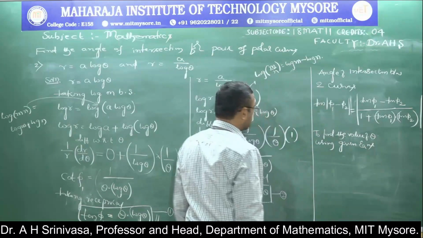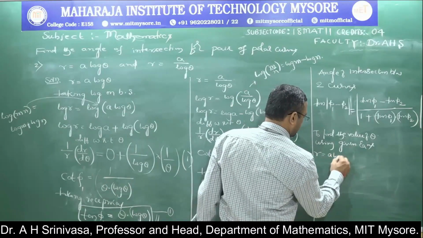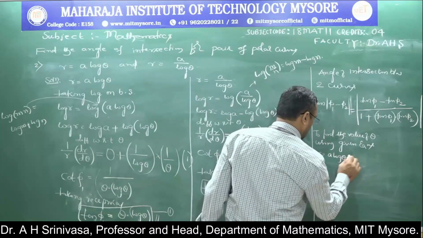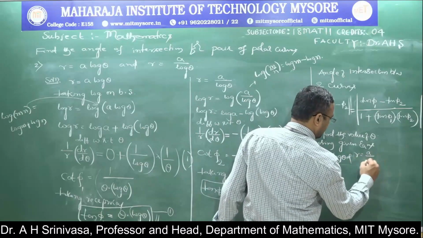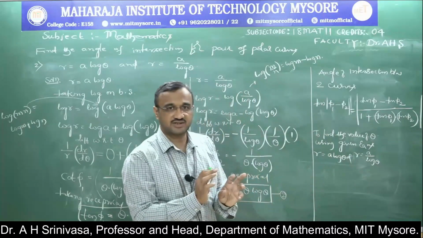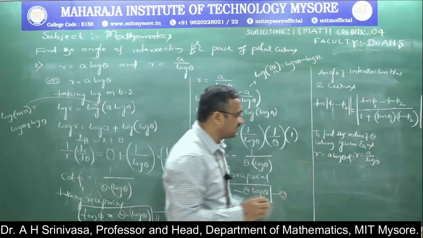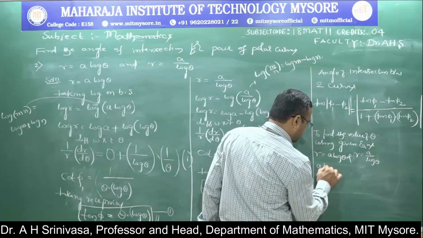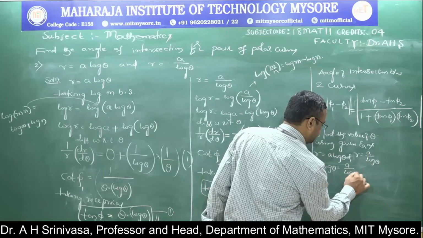What are the given equations? Here r equals a times log theta and r equals a by log theta. You can use these two because the LHS are the same. Both contain r on the LHS, so equating them we get the value of theta. That is a log theta equals a by log theta.